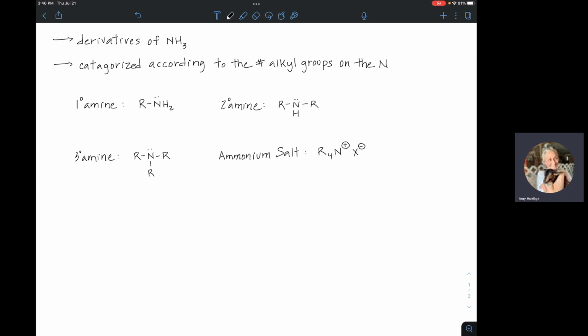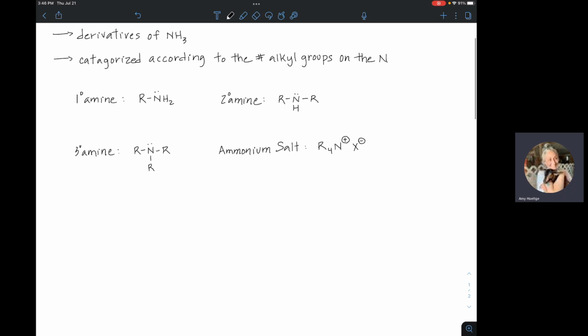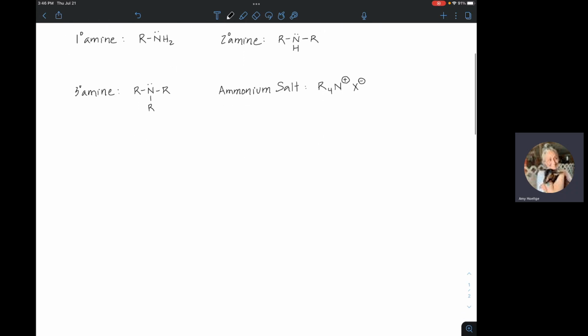All of these can be used as bases. What I'd like to do first, before I dive into the physical properties, is get the nomenclature out of the way. There are multiple different ways that we can name amines. I'm going to try to stick to just common and systematic. And I want to break this into a couple of categories.